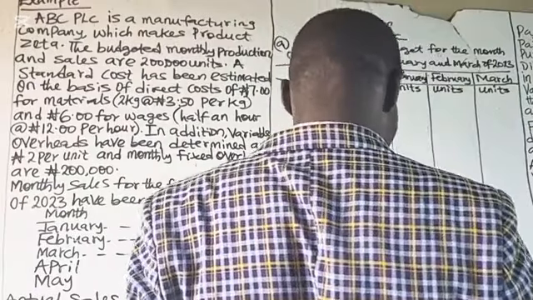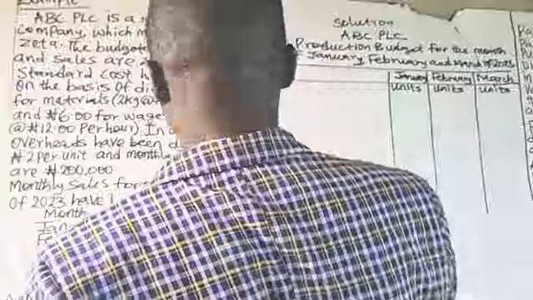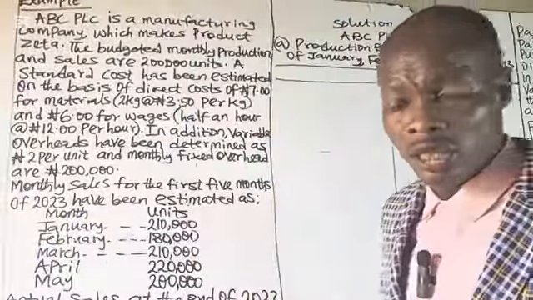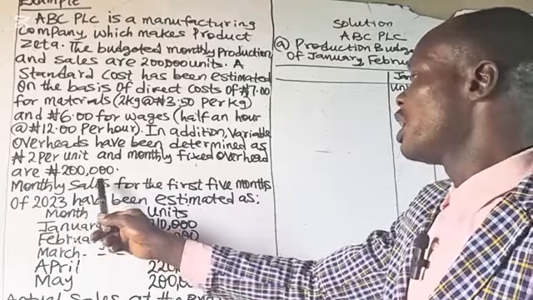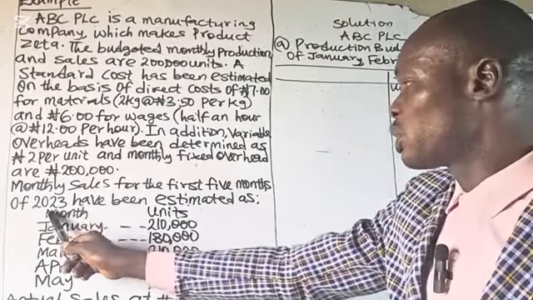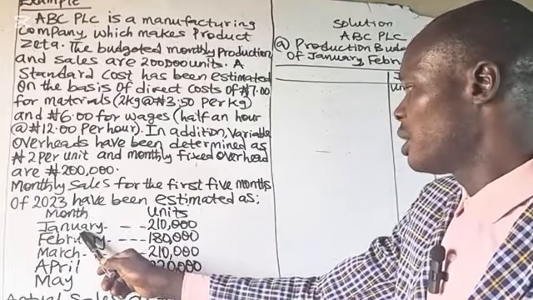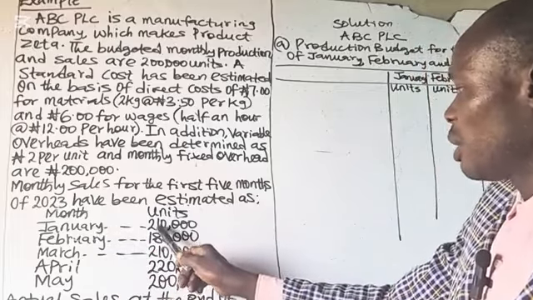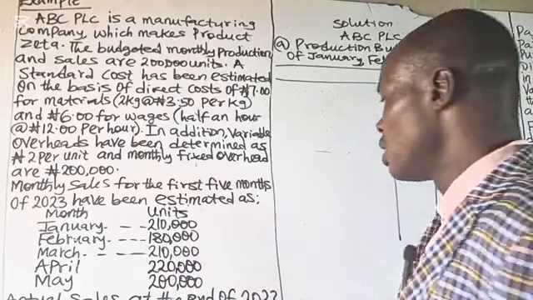I've told you that to prepare the production budget, the starting point is the budgeted sales in unit. If you look at the question, you were told monthly sales for the first 5 months of 2023 have been estimated as, you have January, February, and March. In January, the sales is 210,000, February 180,000, March 210,000.